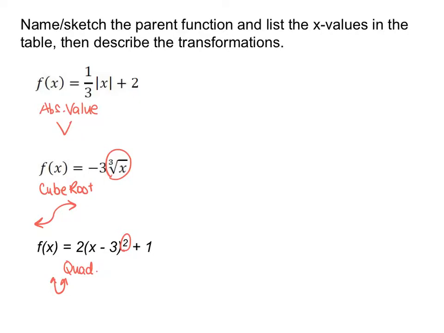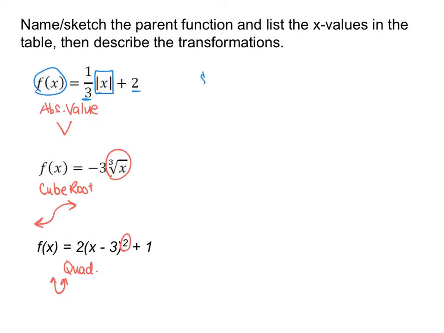Now let's apply the appropriate transformations to each of these. So here's the y. Y is on the outside. Everything on the outside is affected by the y. This is by a y, this is by the y. Everything on the inside, which, by the way, there's nothing on the inside but the x, so nothing's going to affect the x, but that would affect the x in the opposite direction. So the 1/3, it's less than 1.